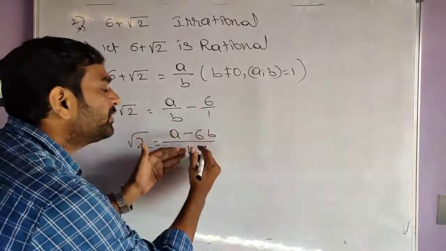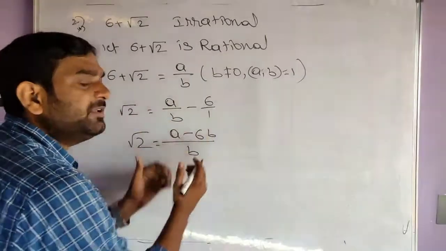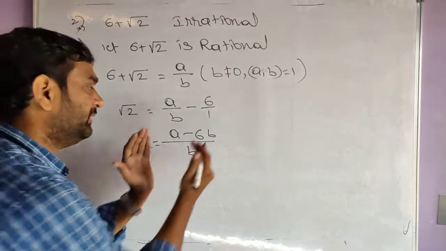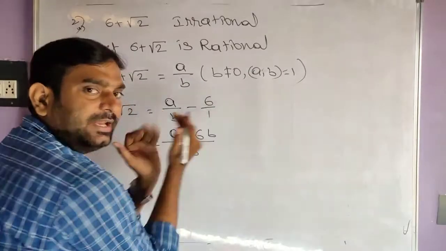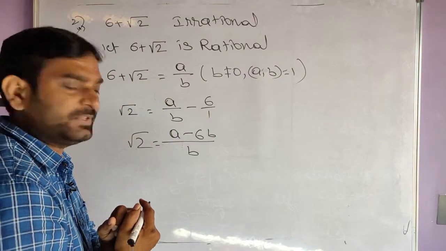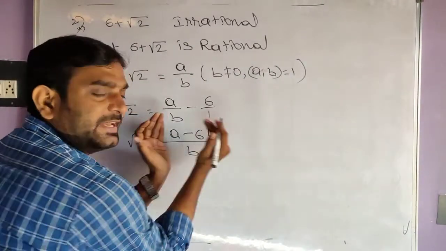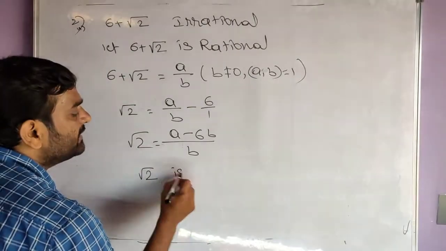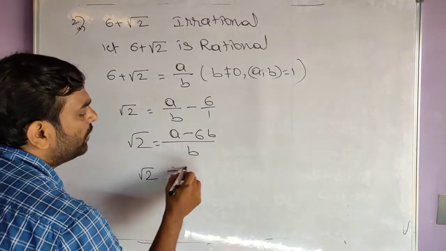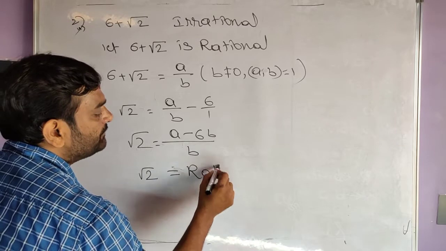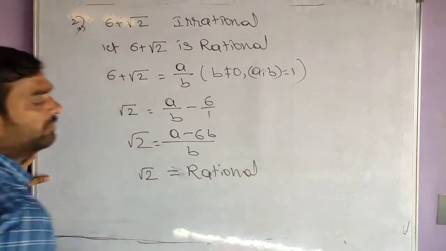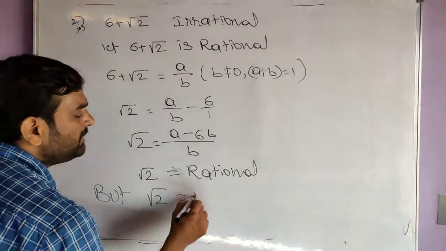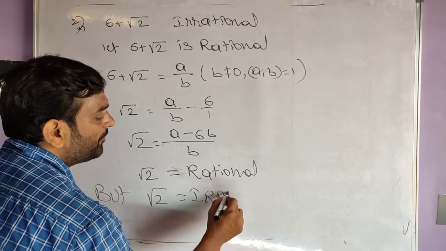It is of the p by q form, a by b form, where b is not equal to 0. Nothing but this form is a rational number. So we got root 2 is equal to a rational number.